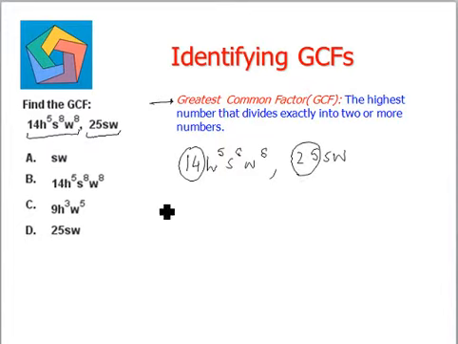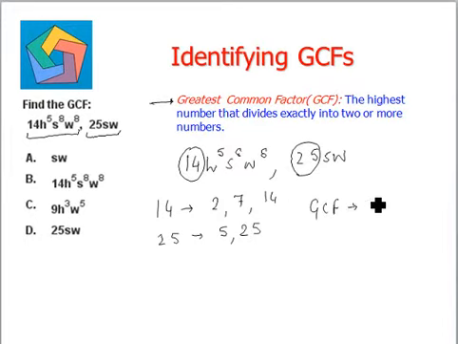So we list down the factors of 14 as 2, 7 and 14, while for 25 it is 5 and 25. Here we see we do not have any common factor. So we say for co-prime numbers the GCF is 1. So the GCF for the two numbers is 1.